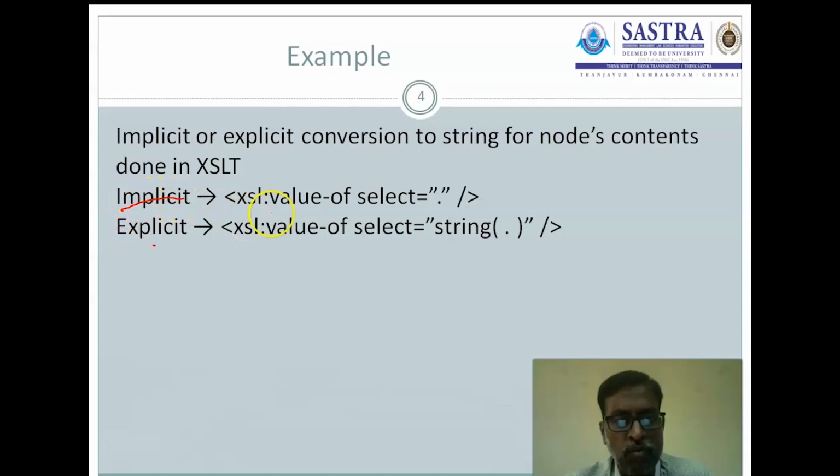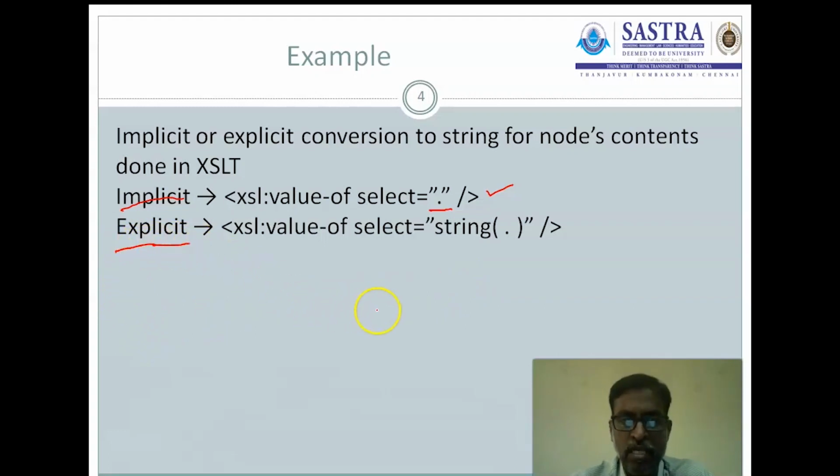In the implicit conversion, xsl:value-of select equal to dot. When we use this syntax, implicit conversion takes place for the node's content and all contents are converted into string. In some cases, implicit conversion is not possible.